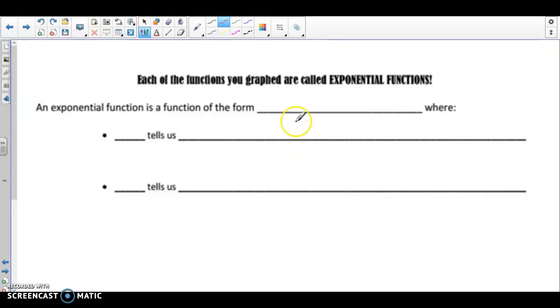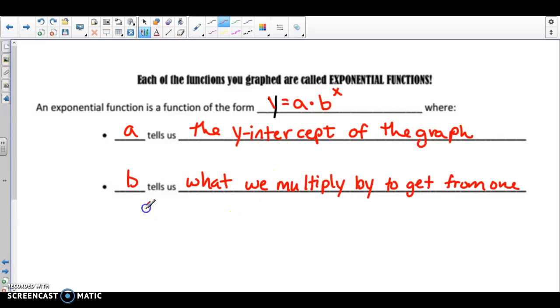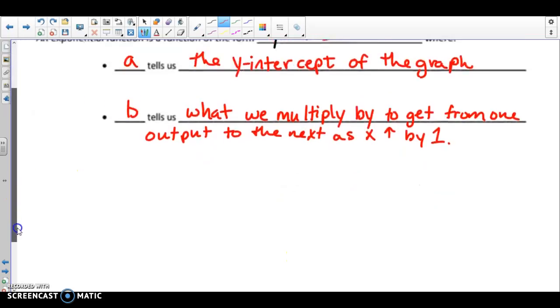And an exponential function is in the form of y equals a times b raised to the x, where a tells us the y-intercept of the graph, and b tells us what we multiply by to get from one output to the next as x increases by 1.